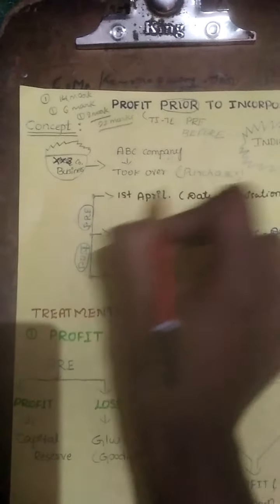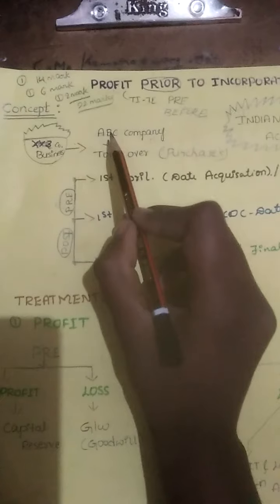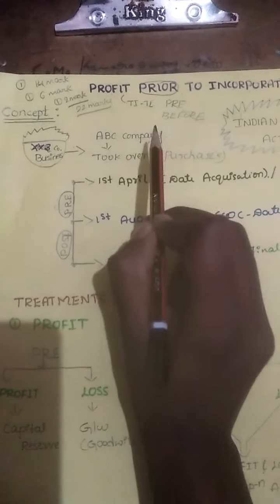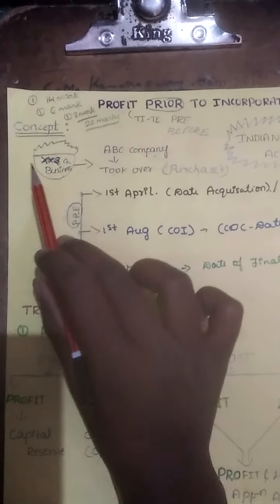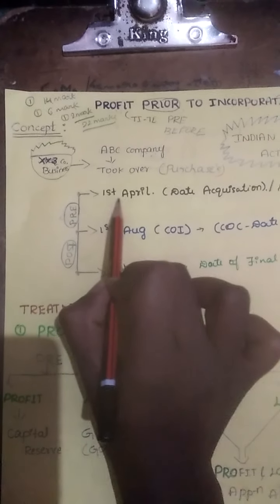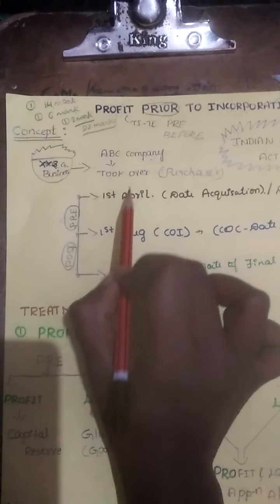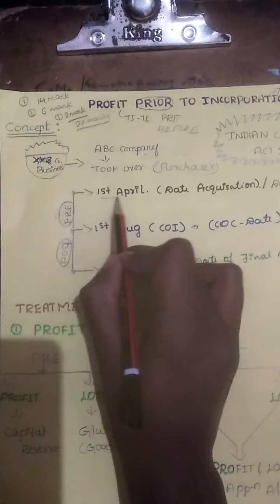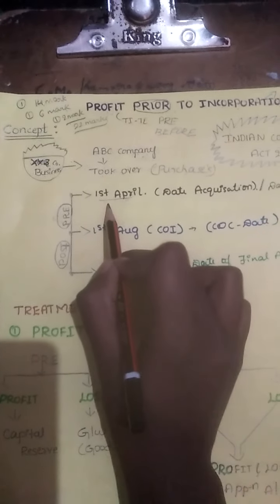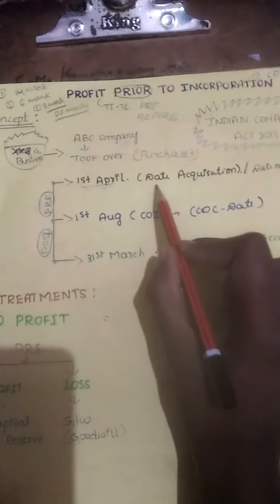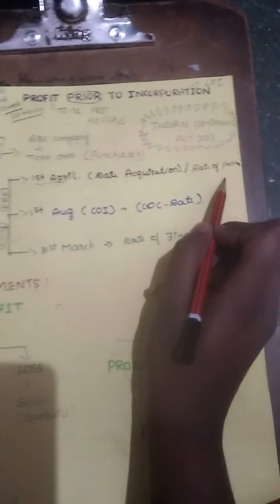This is called takeover of business, takeover of company. For example, this ABC company has purchased the XYZ company on 1st April. So this date will be called the date of acquisition or date of purchase.